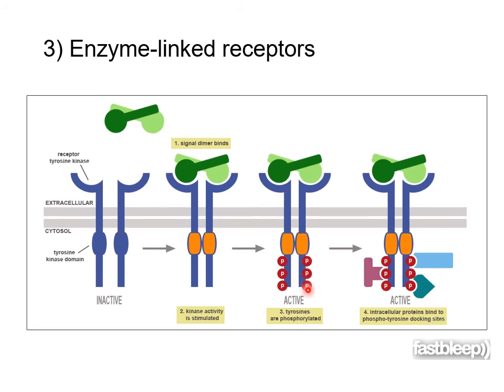And different inactive intracellular proteins come up and attach themselves to the phosphorylated tyrosines. This, in turn, causes a conformational change in these attached new proteins, ultimately leading to a cascade of activations that produces a particular cellular response.